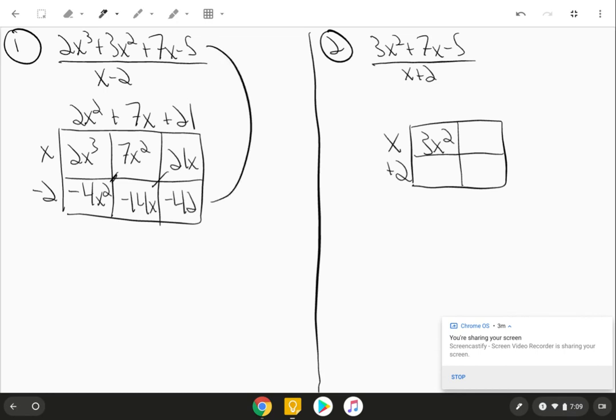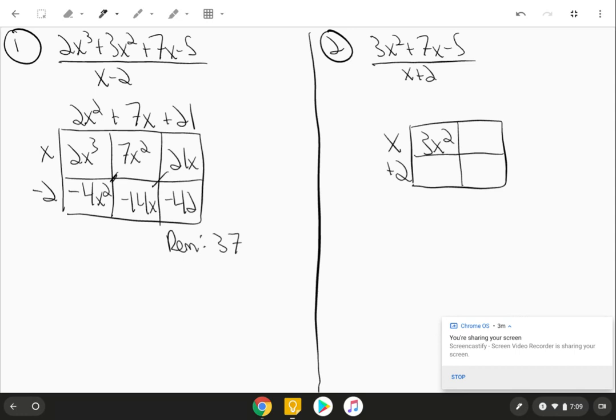Obviously, that means there's a remainder here. So what is my remainder? Well, the constant term I got was negative 42. The constant term I need is negative 5. So to go from negative 42 to negative 5, I have to go up by 37.